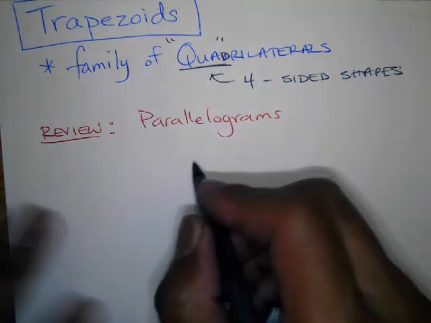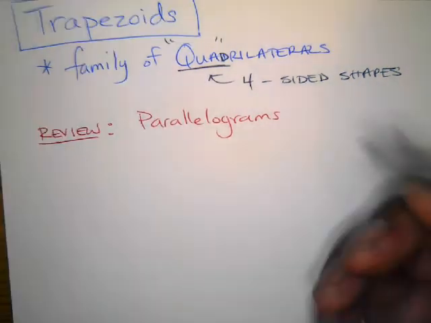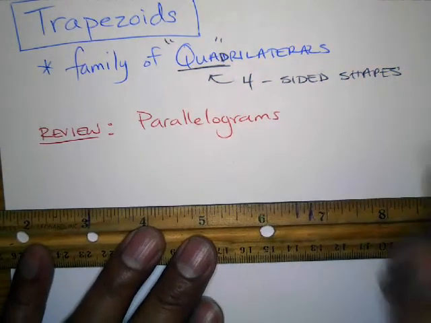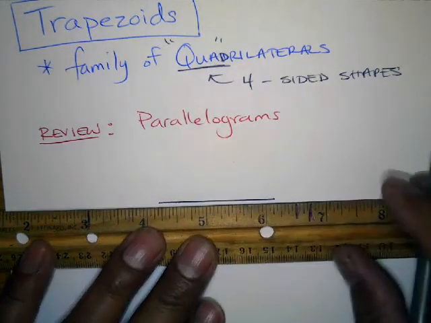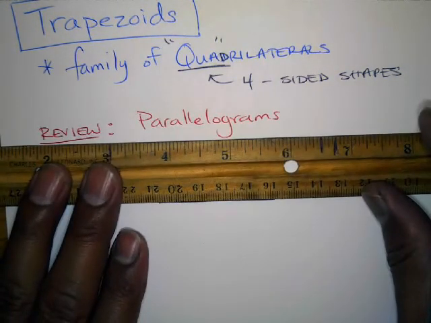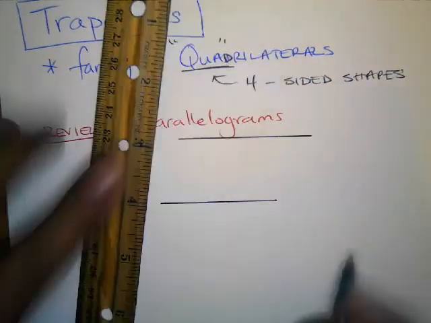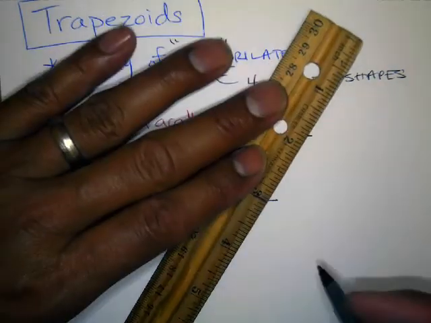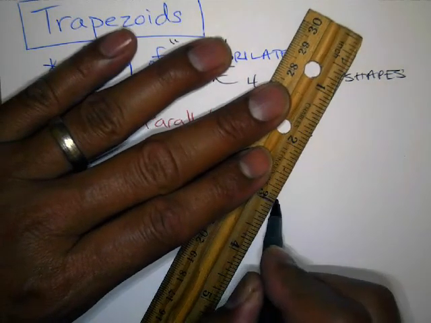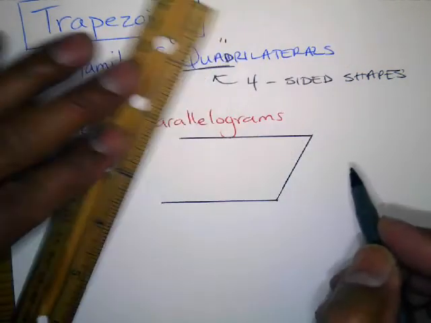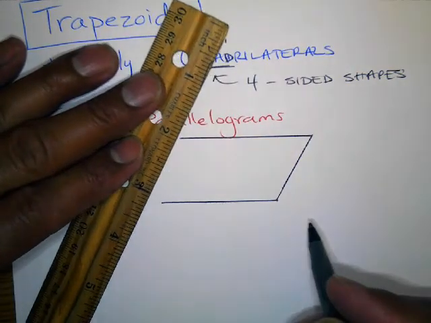So if I have a parallelogram like this, this side is parallel to this side, and then this side also has to be parallel to this side, so it has to look the same, right?